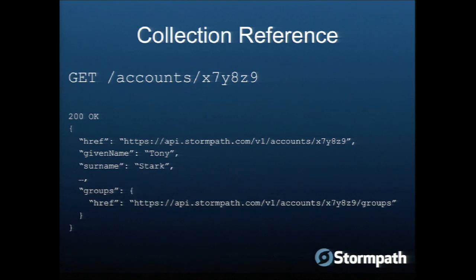And the answer is we do both actually in the Stormpath system. So groups as a top level concept represents all groups for your particular tenant, every group that's in the system, because we feel that without any additional qualifier, groups is generic, and therefore the representation should be generic, and that it hits every single group. This URI here will return a collection resource that represents only the groups for that particular account.